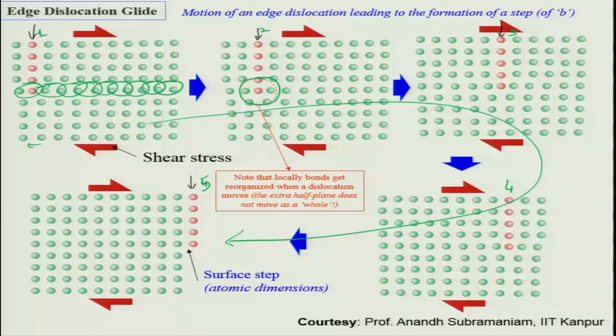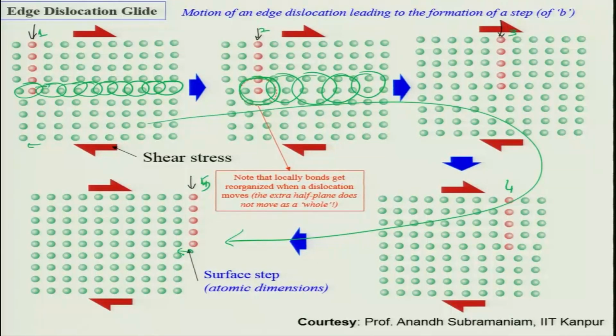It is not the whole plane which is moving, it is just a local reorganization of a few atoms. This group of atoms keeps getting reorganized as you keep applying the stress, so this zone keeps moving forward. It is just this local group of atoms moving forward to make it look as if the whole plane of atoms is moving, giving rise finally to the formation of a step.